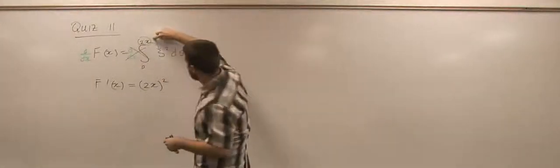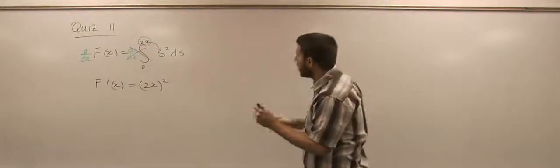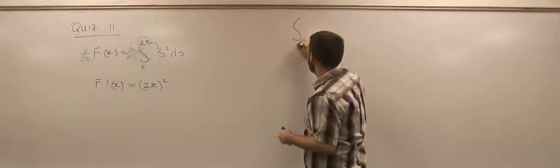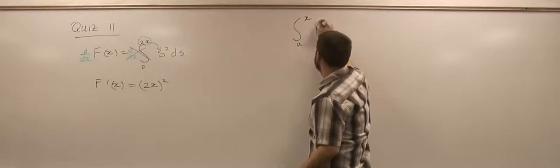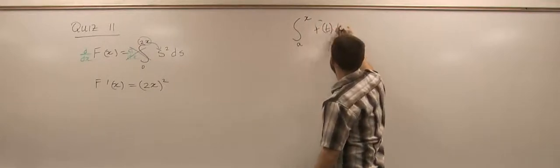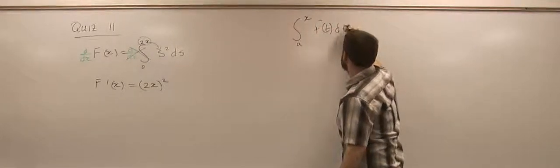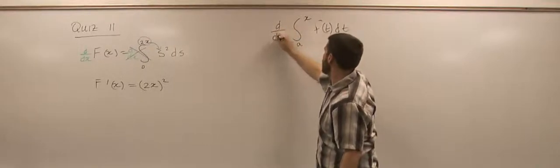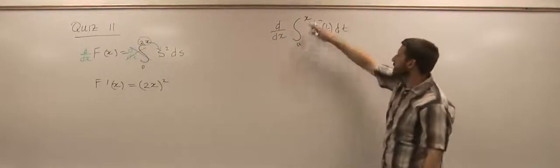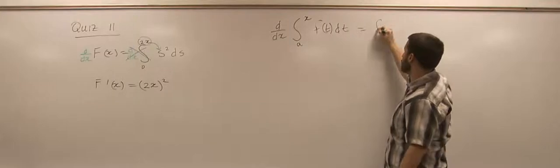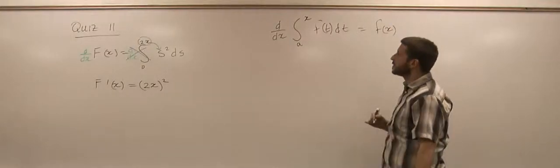The chain rule. Right? The second fundamental theorem of calculus applies only if you have an x on top. It's usually phrased like this. If you take the derivative with respect to x of an integral from a to x, it's equal to little f of x.